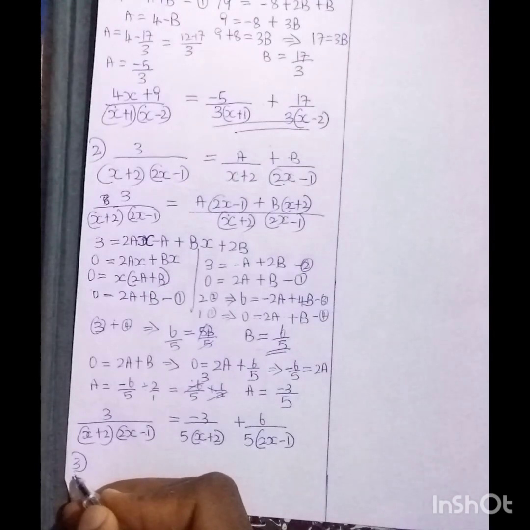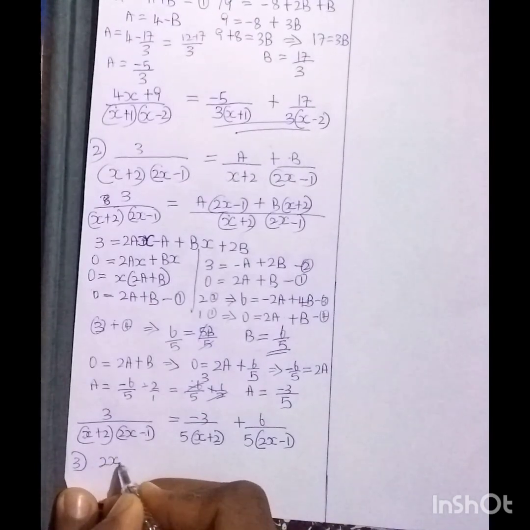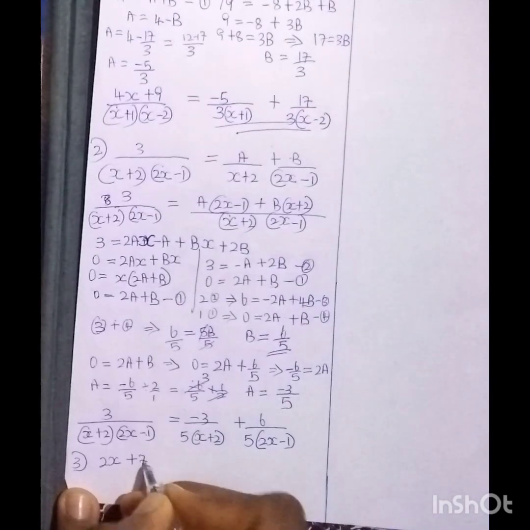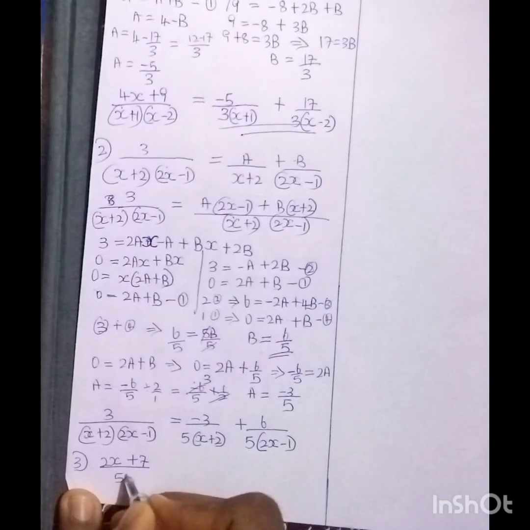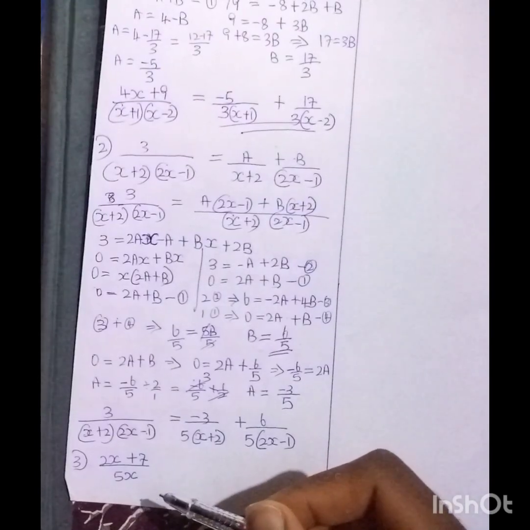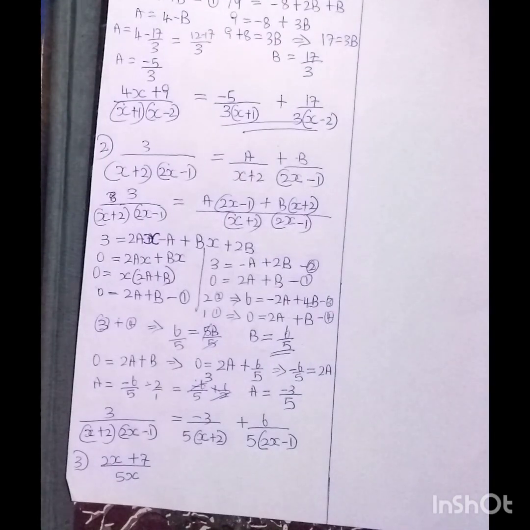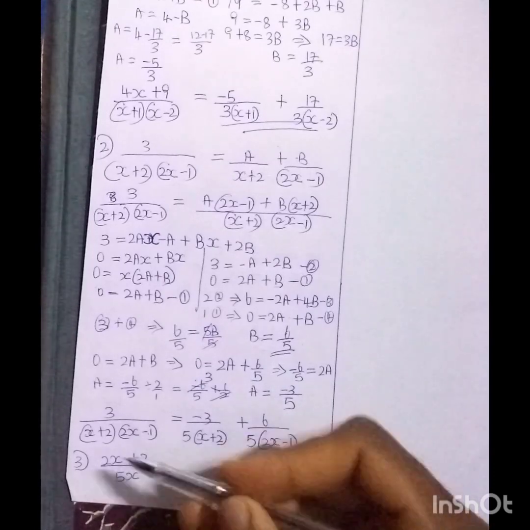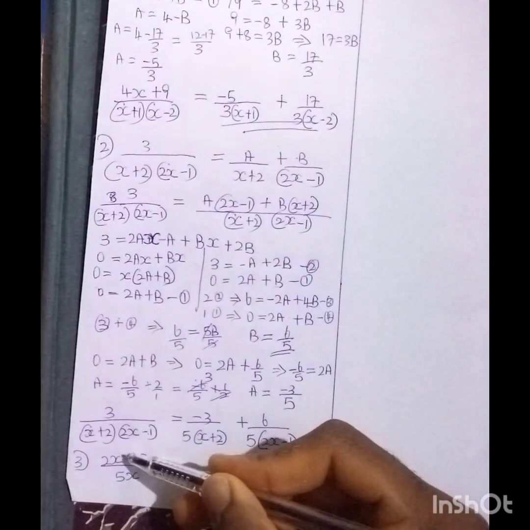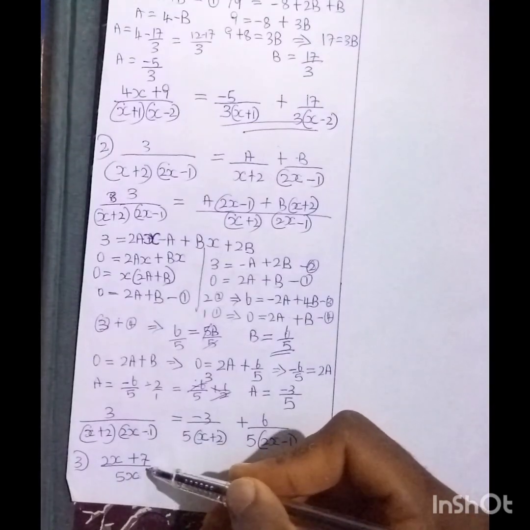Question number 3. It says 2x plus 7 over 5x. I would like you to take note of something that I will show you now. The degrees are the same. This is to the power of 1, and this is as well to the power of 1.